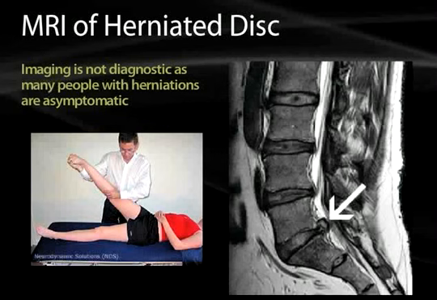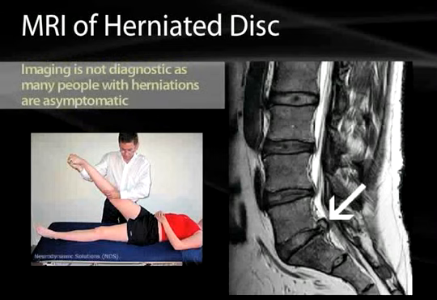What I want you to be aware of here is that just because you see an MRI with a herniated disc does not mean that people have symptoms of spinal or nerve compression. You only want to worry about the ones that actually are symptomatic, because many of these, maybe as many as 60% of disc herniations, are actually asymptomatic.